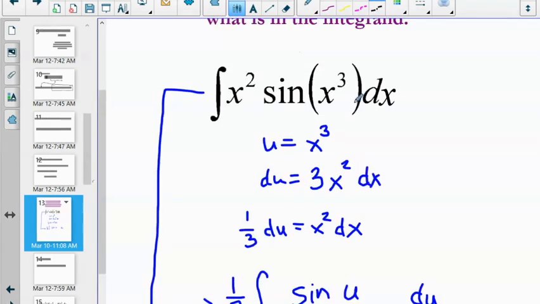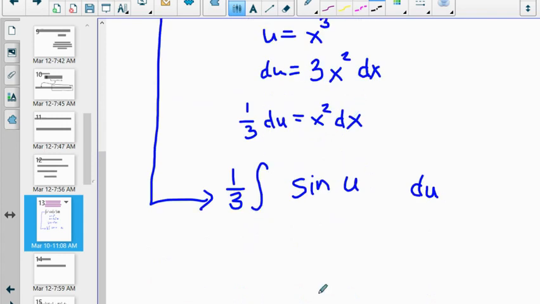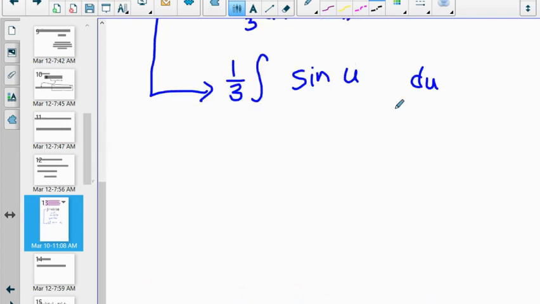I've gone from an integral that's difficult, complicated, not impossible, but complicated, and I've made it into something that we've been doing for a while at this point. I'm going to just keep that 1/3 carried on. Let's see, the antiderivative of sine of u: the derivative of sine is cosine, so the antiderivative of sine must be negative cosine.